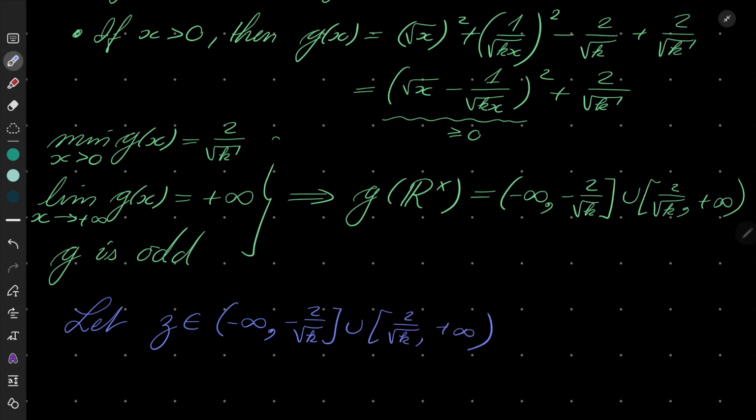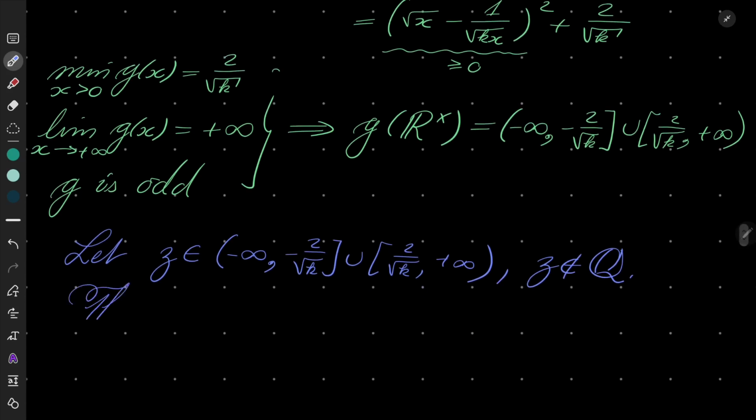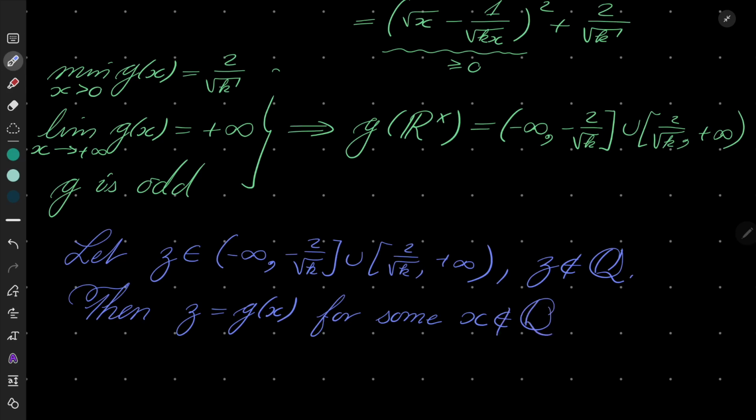So we take a number from this set that is also irrational. Then we know that z equals g of x for some real number x, and moreover this x is also irrational.